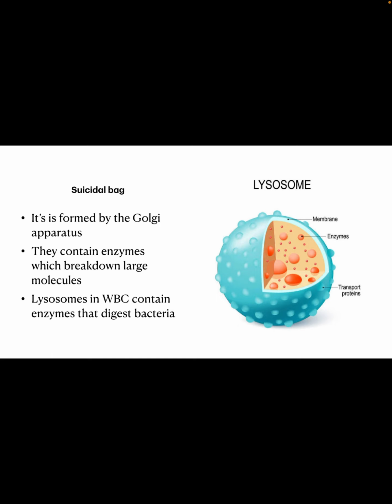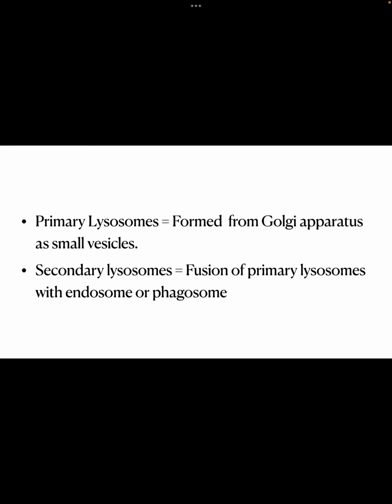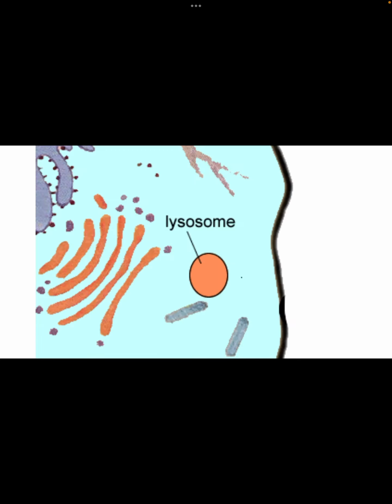The function of the lysosome is to break down macromolecules. And in WBC it contains enzymes which can digest bacteria. There are two types of lysosomes, primary and secondary. Primary lysosomes are formed from the Golgi apparatus and secondary is the fusion of primary lysosomes.